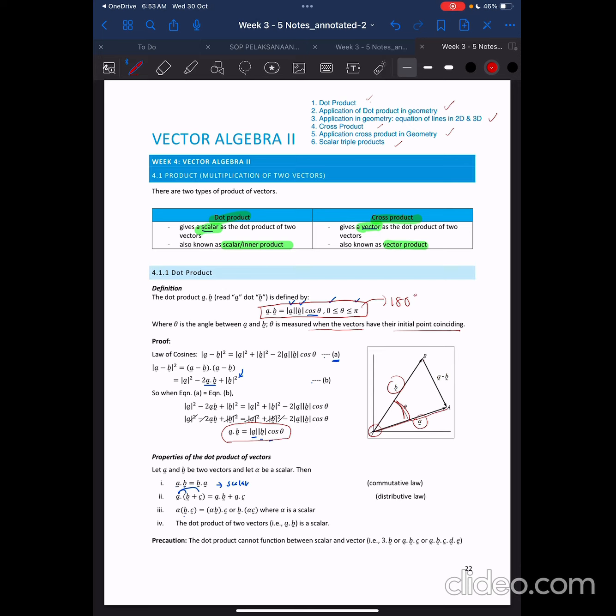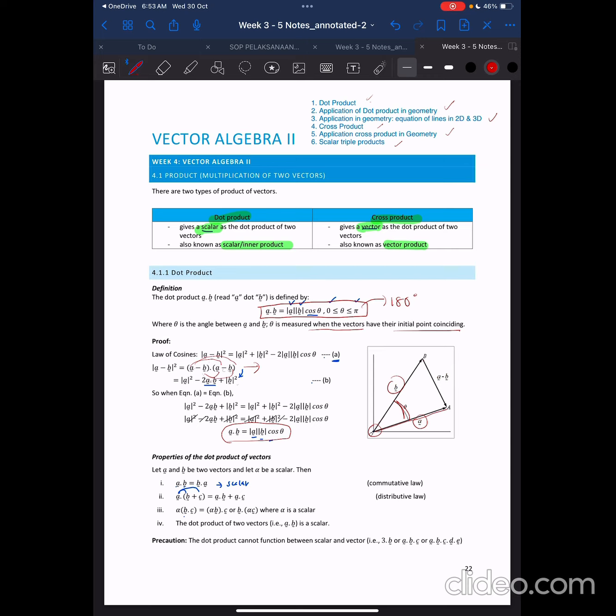If you expand a minus b squared, you multiply a minus b with a minus b, and you will get a squared minus ab, then minus ab, plus b squared.